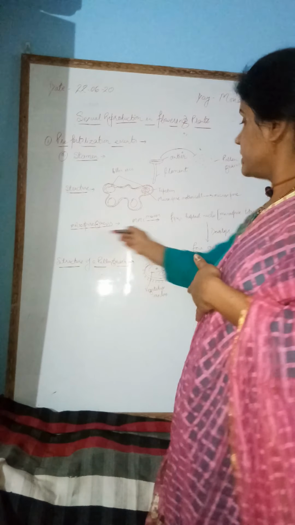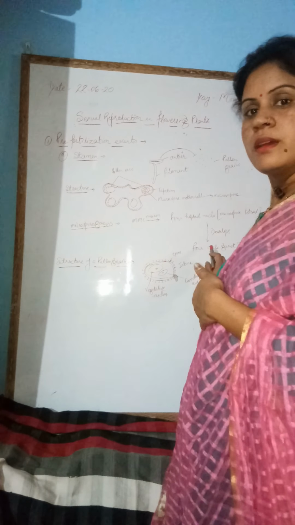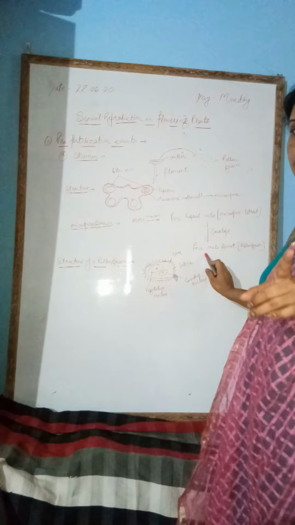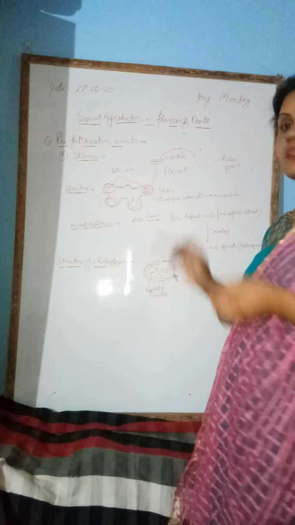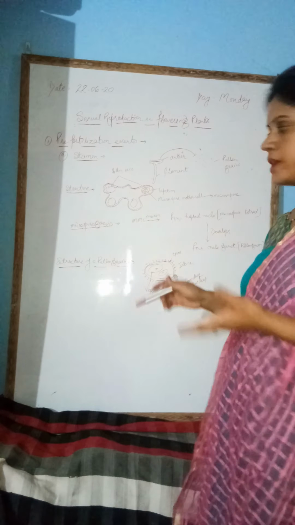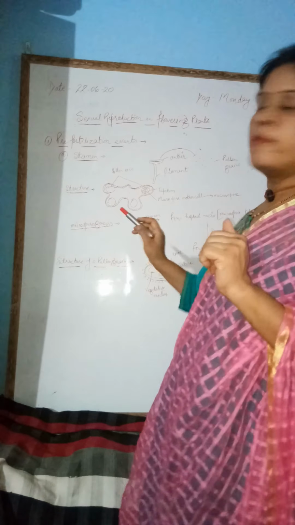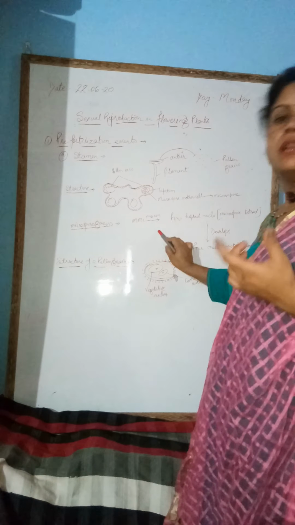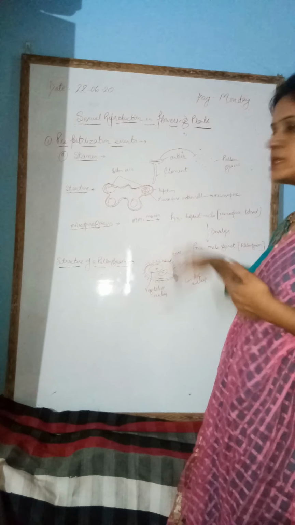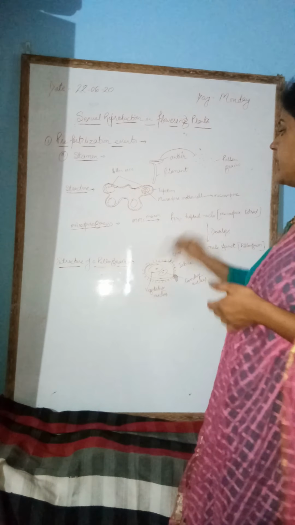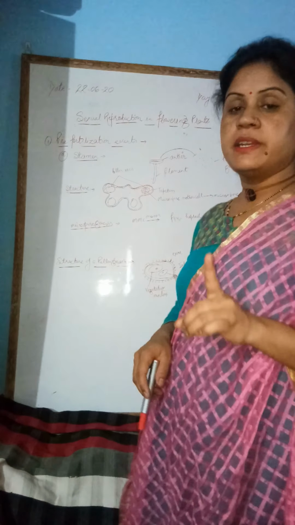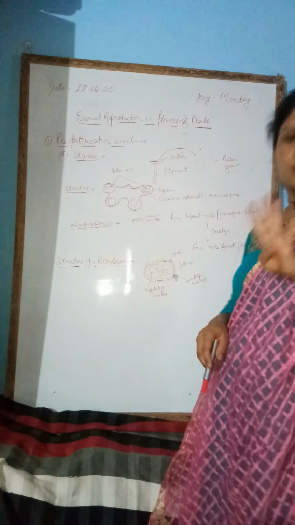So in this process, the final product is the male gamete. Each nucleus of the microspore mother cell undergoes meiosis, and after that one nucleus divides into four nuclei.